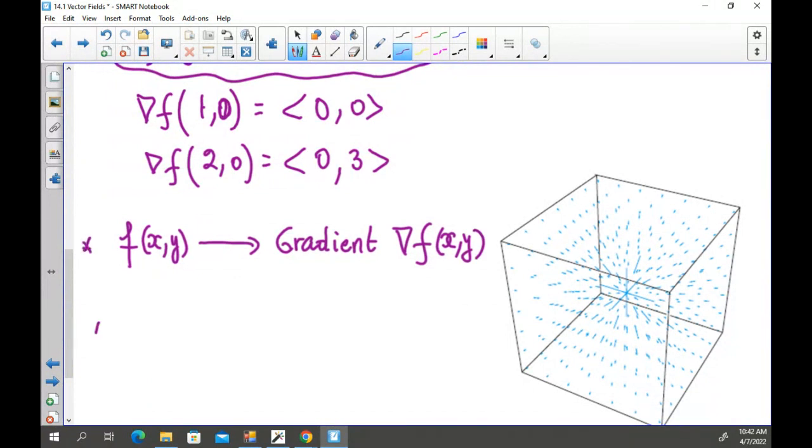Now, the question we sometimes have is, what happens if we have a vector field F? So you have a vector field, it's given to you, F of (x, y). Let me write it.